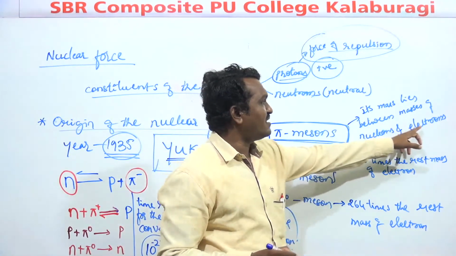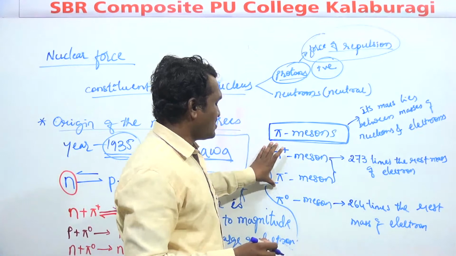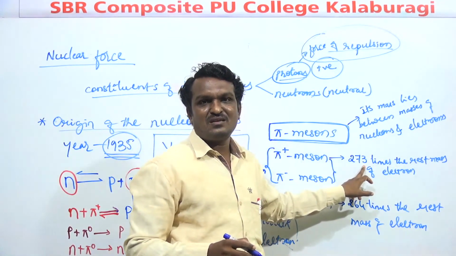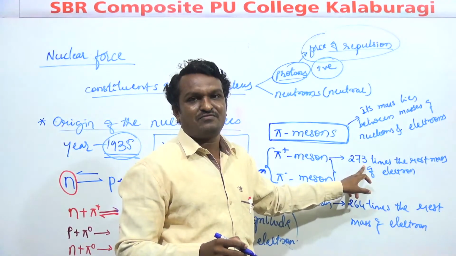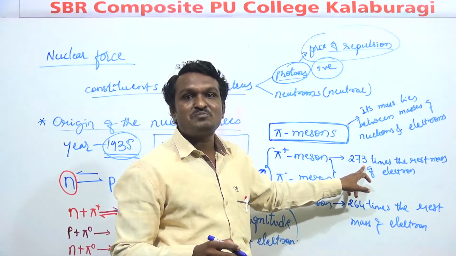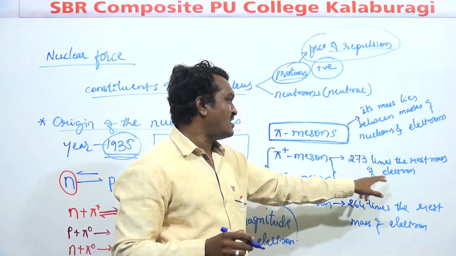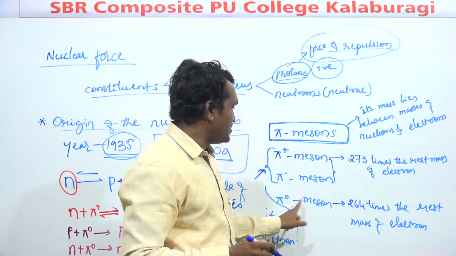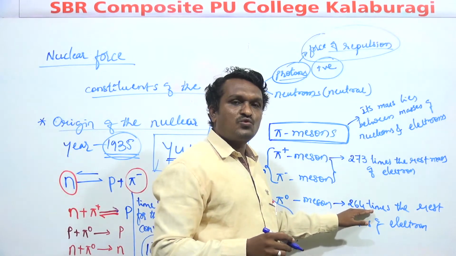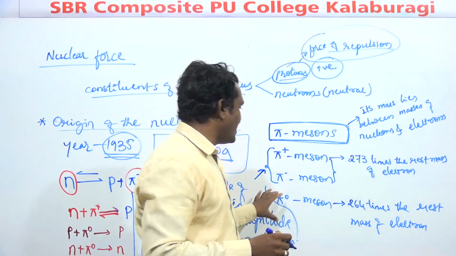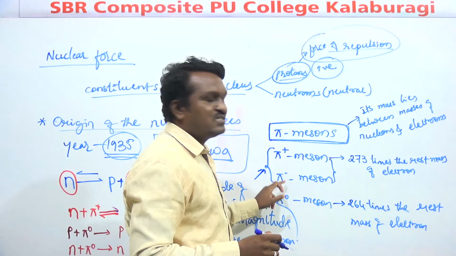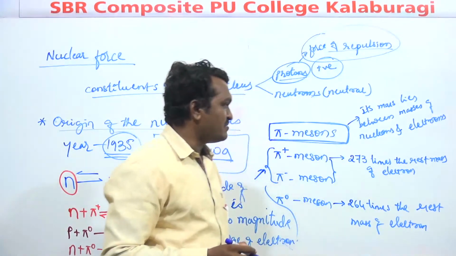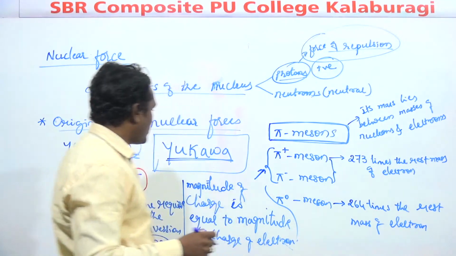The mass of this charged meson is 273 times the rest mass of the electron, and the mass of pi neutral meson is 264 times the rest mass of the electron, a little bit less than the charged mesons.